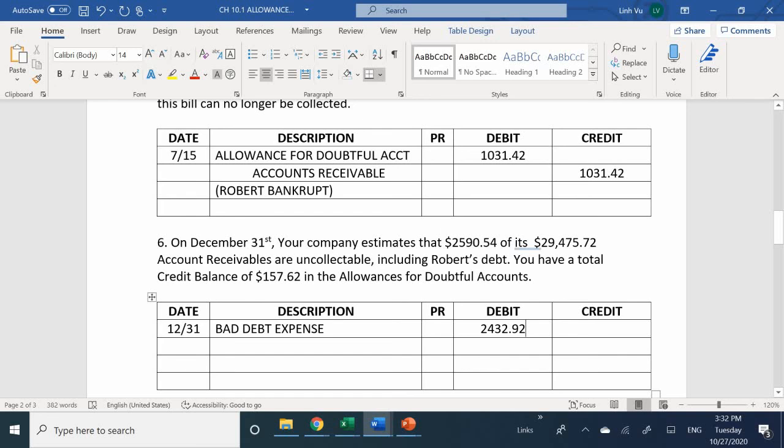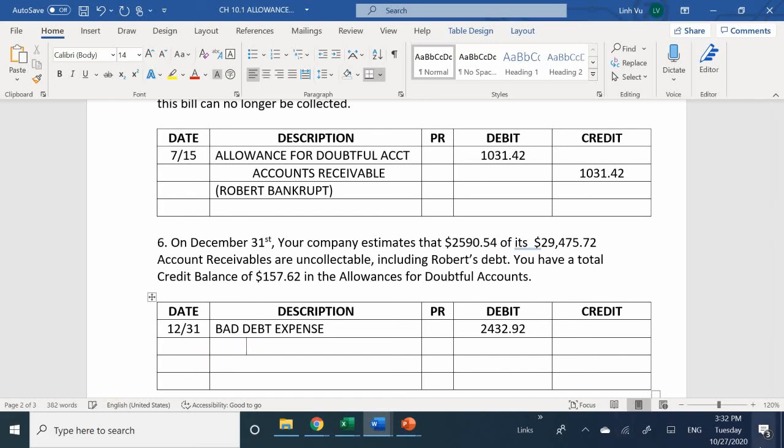So in this case, we had a credit balance of 157. We need to subtract that out of the 2,590 to get your grand total of $2,432.92 more to have a total credit balance of the 2,590.